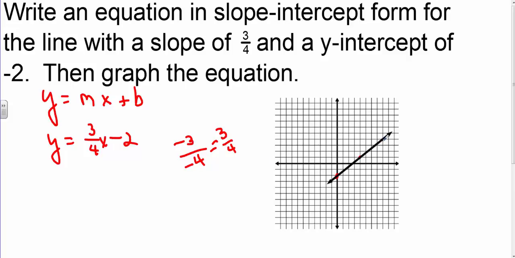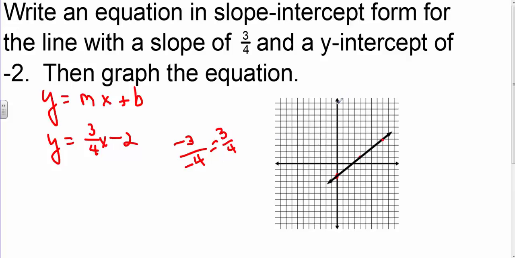Look at this. If I start at this point right here and I go down 3, 1, 2, 3, and left 1, 2, 3, 4, I'm still on the line. So when you have a positive slope, it can also be negative over negative, because sometimes that'll come in handy.